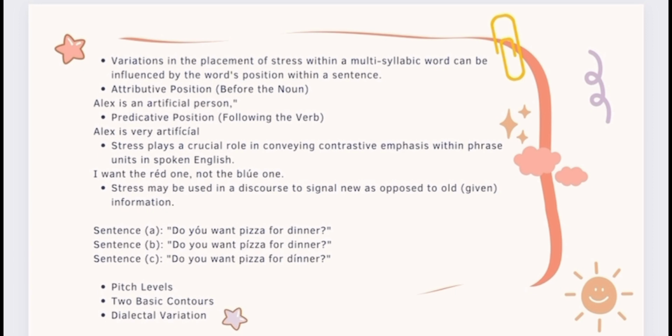Pitch level. Intonation can be described in terms of four pitch levels: extra high, high, middle, and low. Within a sentence, pitch alternates between low and high. The extra high level is used for strong emotion, contrast or emphasis, stress, surprise.